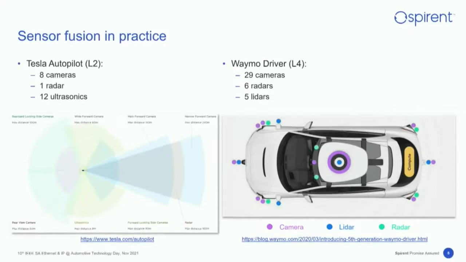This is truly autonomous driving only in some specific regions, geo-fenced regions. Nonetheless, we see that sensor fusion is very important when we want to go to higher levels of autonomous driving.